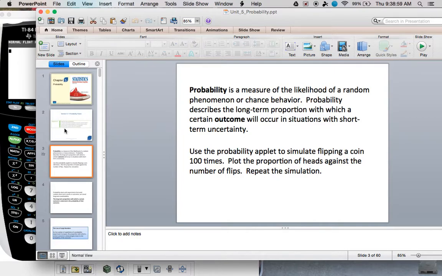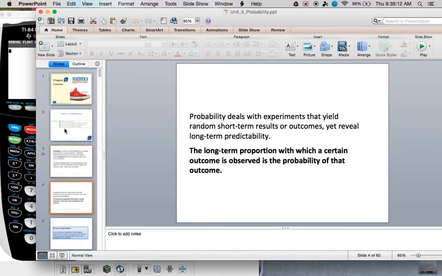Like I said, we're not going to talk about using the software for this, but if you just physically flip the coin 100 times and record your outcomes, you should see something very close to 50 heads. Probability deals with experiments that yield random short-term results or outcomes yet reveal long-term predictability.